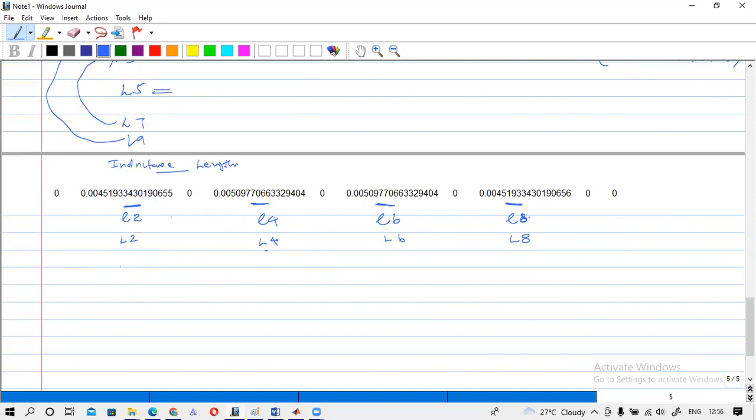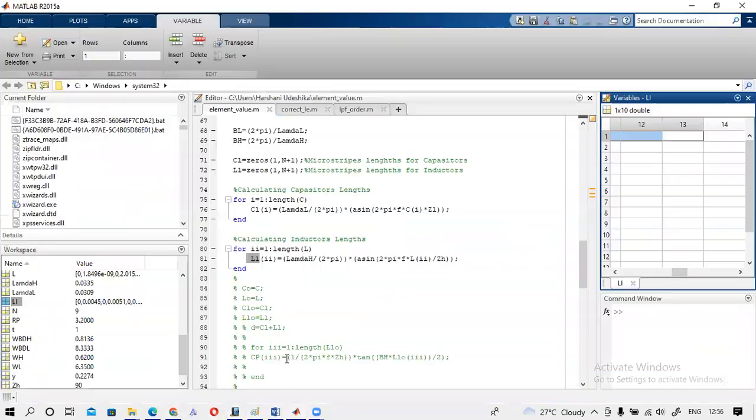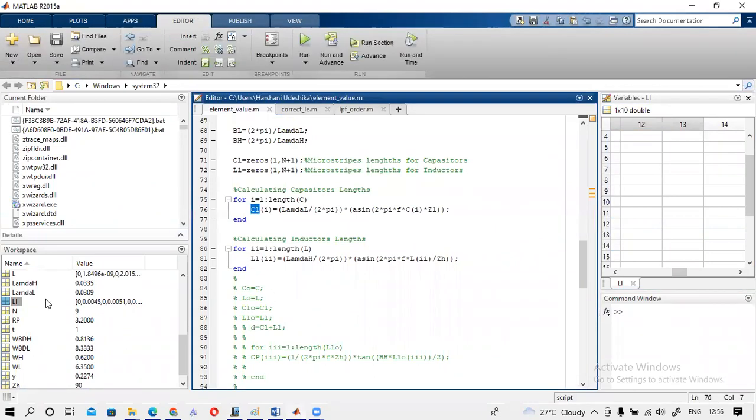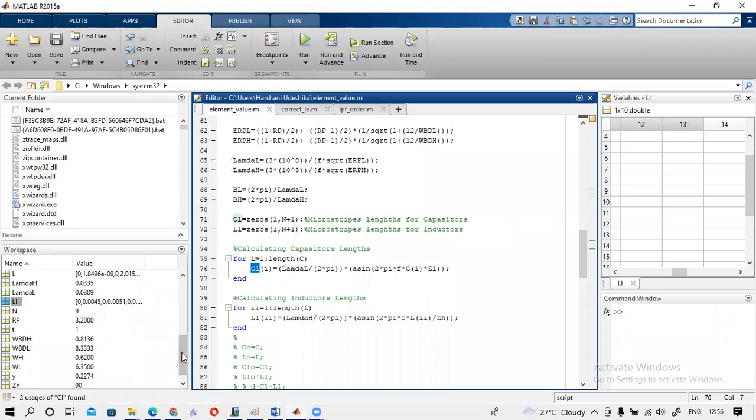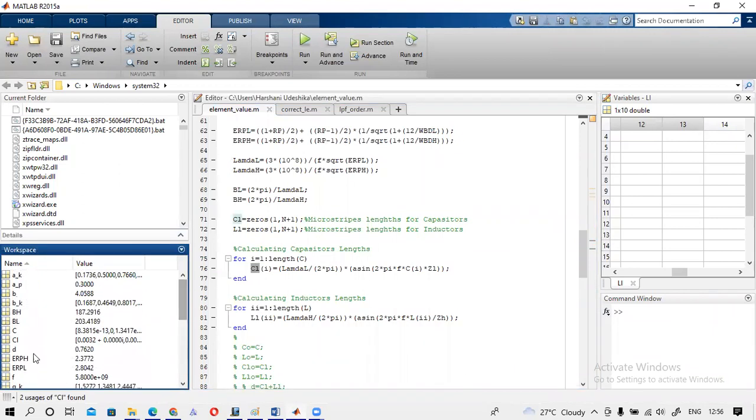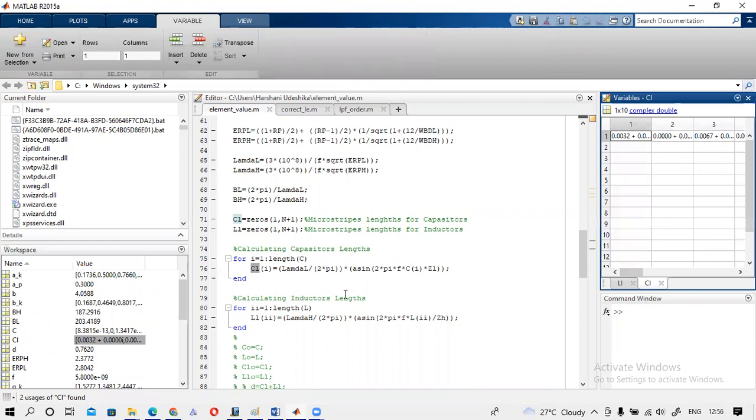Now we can get the capacitance length also. Here it is in C1. Where is the C1 array? This one. So these are the capacitance lengths.